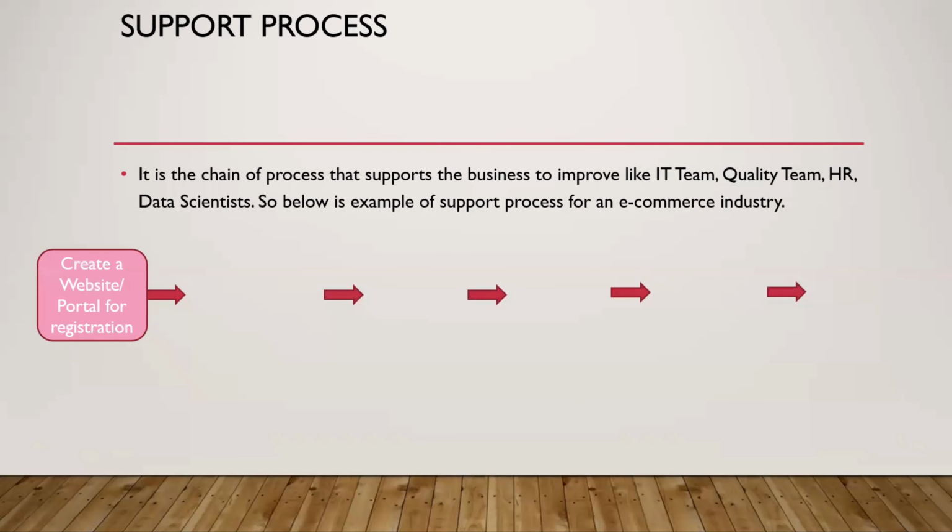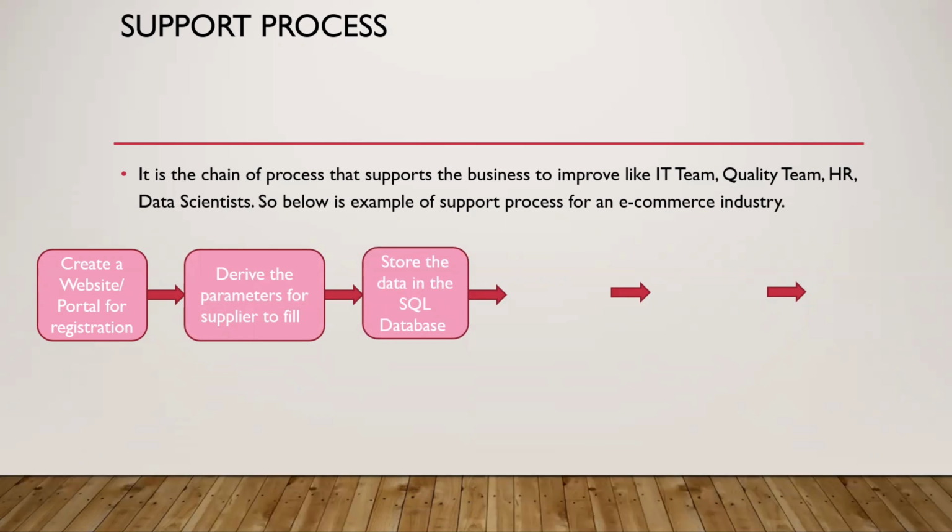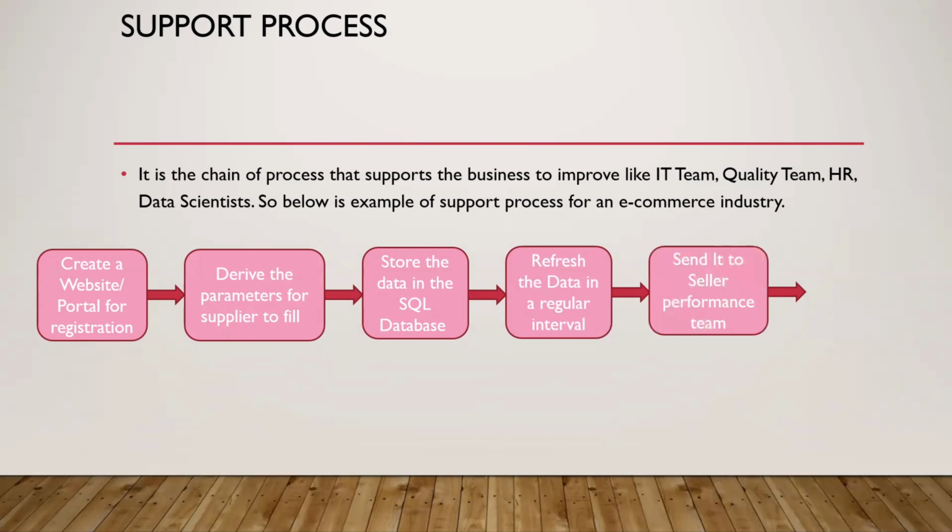So we create a website or portal for registration, derive the parameters required for the suppliers to fill in, store the data in a SQL database, refresh the data at regular intervals and send it to the seller performance team, and they review the data and report it to the leaders. So this is a kind of support process.